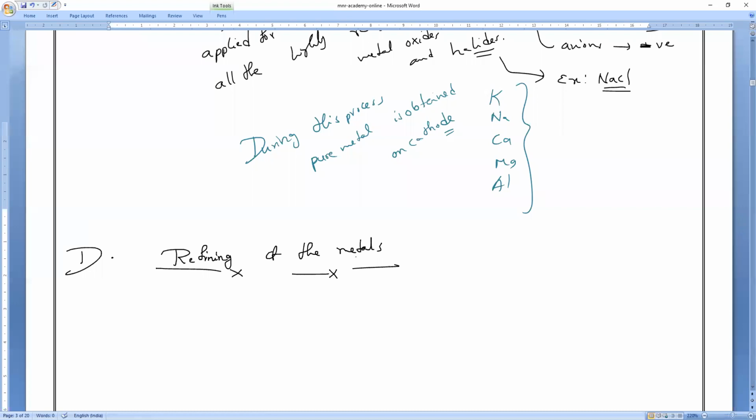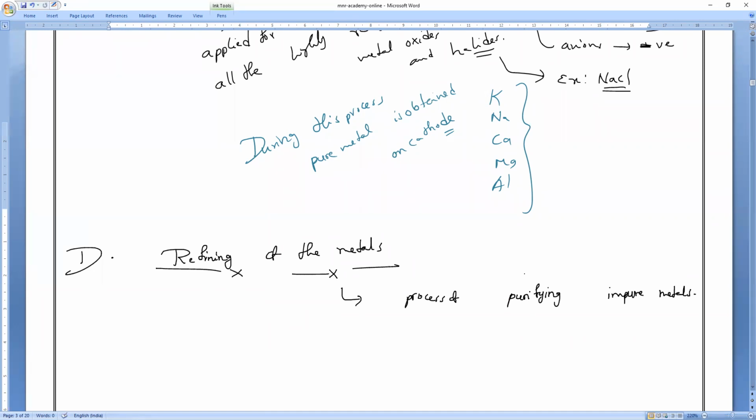So refining of metals is the process of purifying impure metals. Please note it.